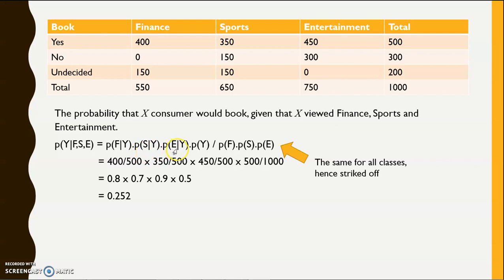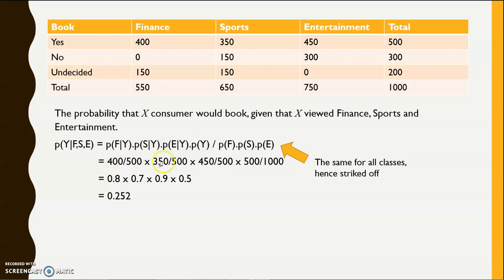And this one is the probability of a consumer viewing entertainment and booking, and this one is the probability of a consumer's booking. So all of these evidences have been considered in isolation and then combined together using this dot notation, which is a representation of multiplication.